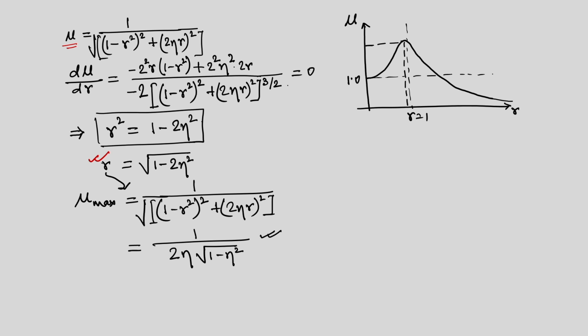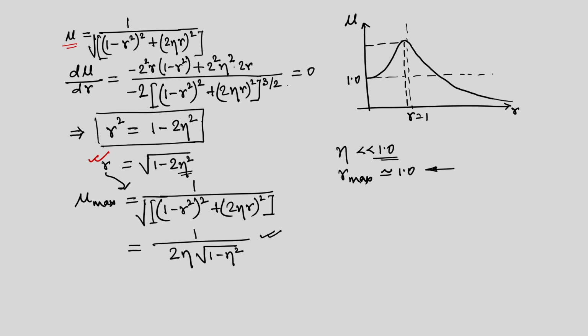Obviously, when we have eta much less than 1, then what will happen? Eta square we can neglect, and in that case R max is equal to 1. So, when we have a very low value of critical damping ratio, much less than 1, this term eta square will be very small, and then we can neglect it.